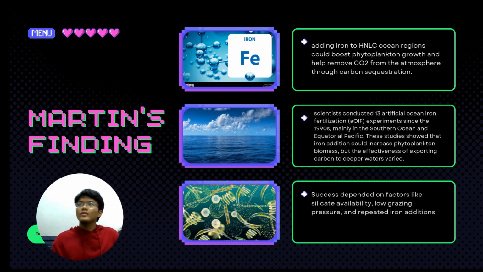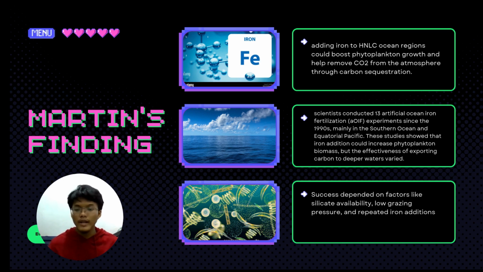So how did Martin come to this finding? First, adding iron to high nutrient, low chlorophyll ocean regions can boost phytoplankton growth and therefore help remove carbon dioxide from the atmosphere through carbon sequestration. Second, scientists conducted 13 artificial ocean iron fertilization experiments since the 1990s, mainly in the Southern Ocean and Equatorial Pacific.